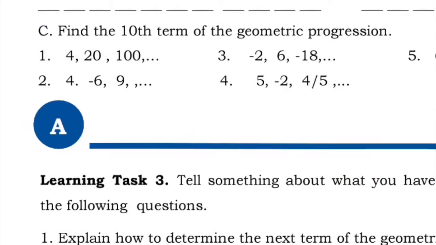Then, another activity dito, find the 10th term of the geometric progression. Okay, for example, dito tayo sa number 1, 4, 20, 100, and so on. And para masagot natin itong number 1, first, find the common ratio. So, finding the common ratio, divide natin 100 divided by 20. 5, 20 divided by 4 is also 5.